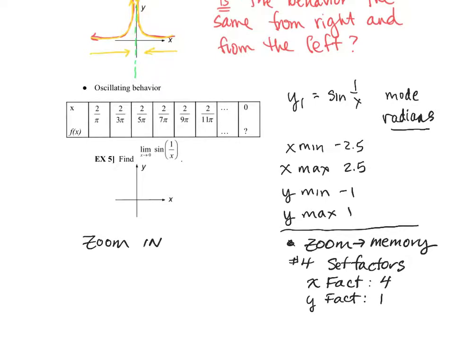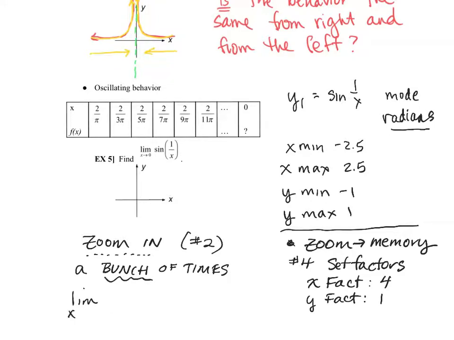Okay, go down to number 2. That's number 2 in your zoom menu. Okay? And I want you to zoom in a bunch of times. A bunch. And I want you to tell me, think about this, we'll talk about it in class.